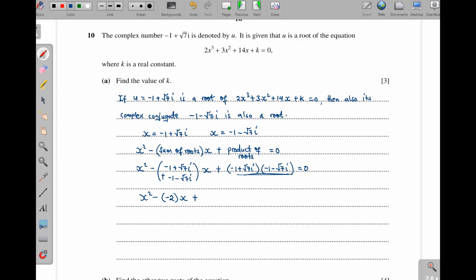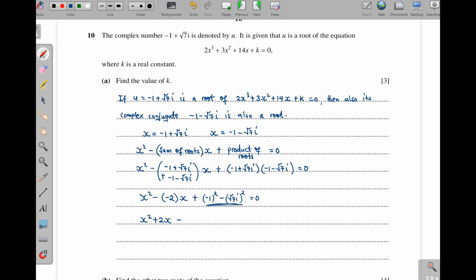This one is the difference of two squares. So we are going to have -1 squared, then minus root of 7i, then we square that. Now this one will give us x squared, then plus 2x, then plus.